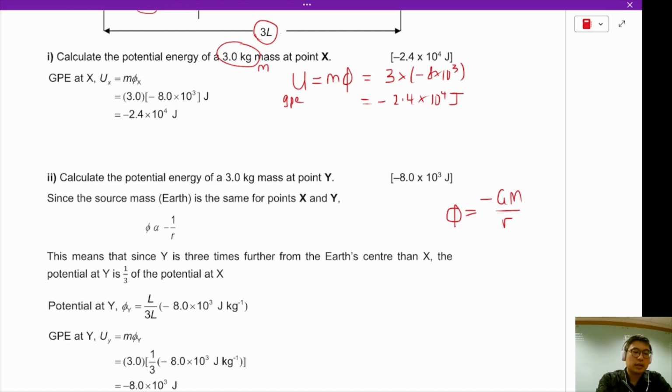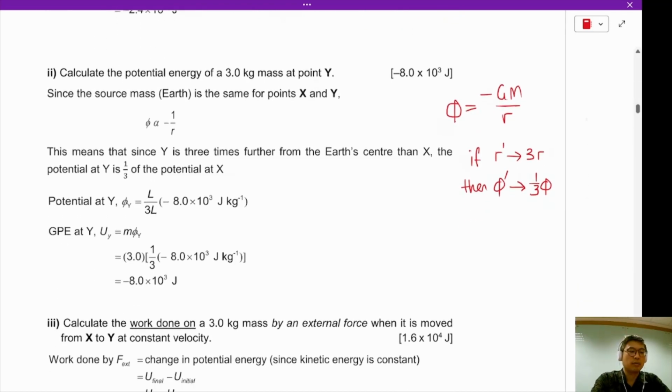That means that if the distance is increased to 3 times what it was before, then the gravitational potential will drop to 1/3 of the previous gravitational potential. So if r prime is 3r, then phi prime will be 1/3 of phi.